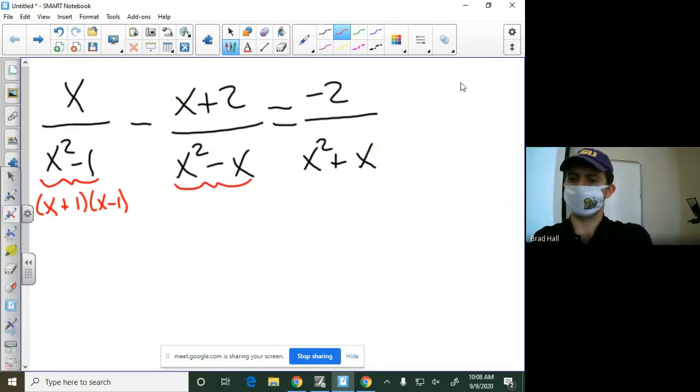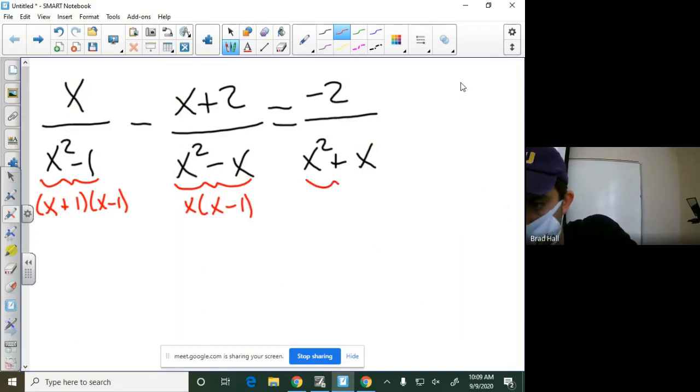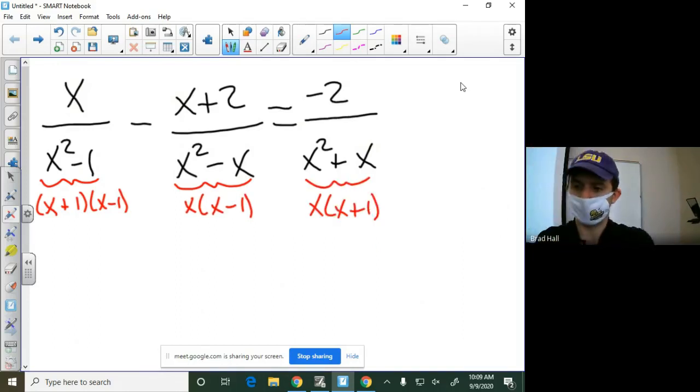For the middle denominator, all we have to do is factor out the common x. And over here, we factor out the common x. Those two are also referred to as reverse distribution.